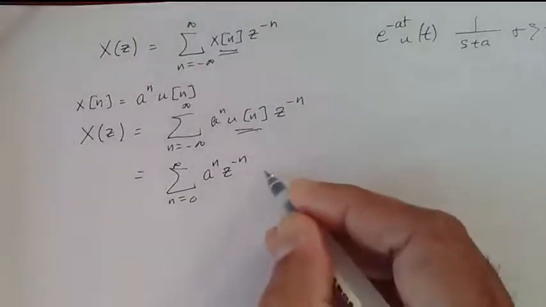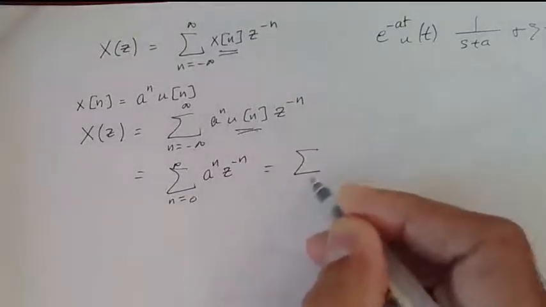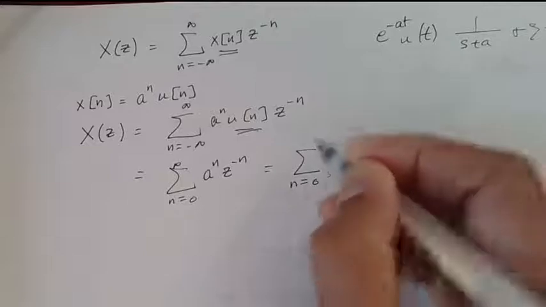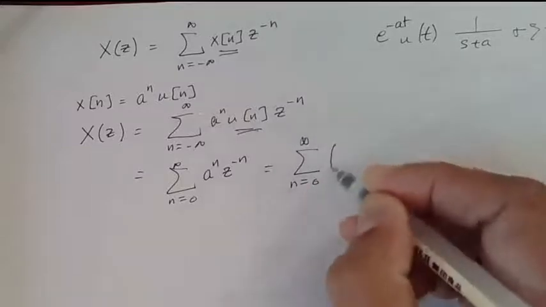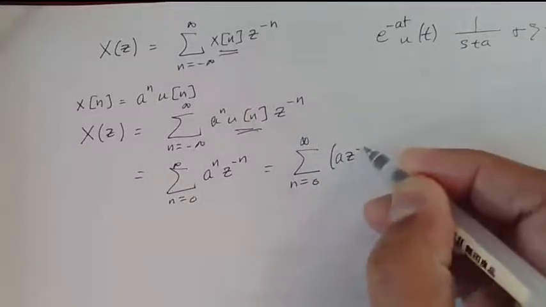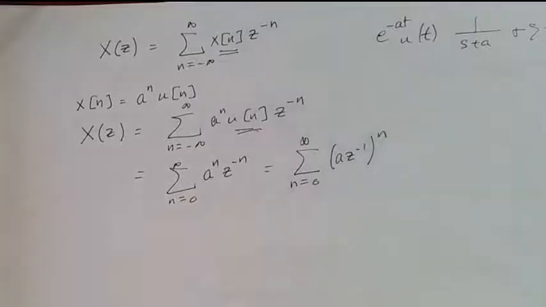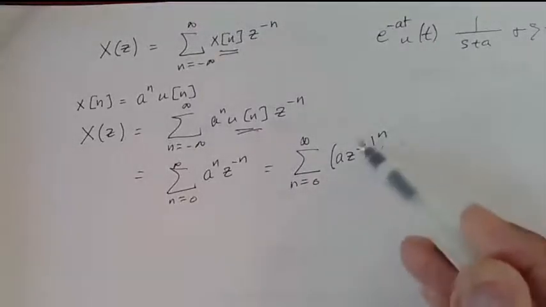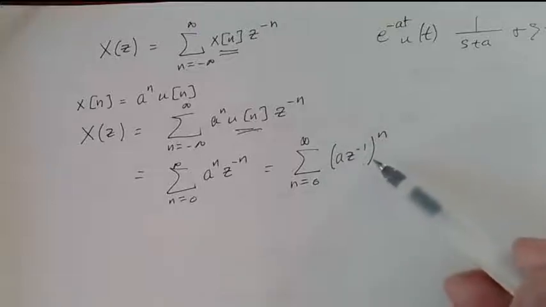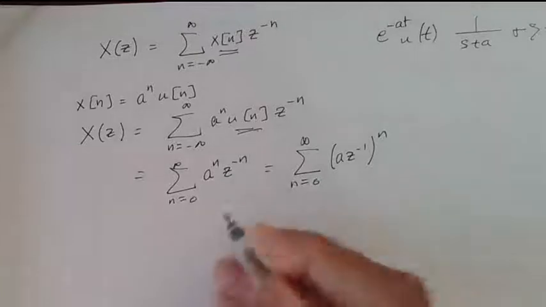Or I can write that as a geometric sum, n equals 0 to infinity of a z to the minus 1 to the power n. This is just our standard geometric sum, and therefore we can use the geometric sum formula.